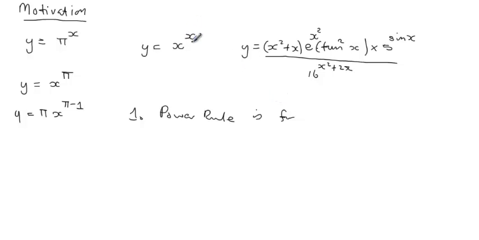Are you comfortable with calling this an exponent or a power? Like here, pi to the x, what are you calling x there? Are you saying x is a power of pi, or the exponent of pi? It's the power of pi, is it? Okay. So let's say this x is a power of pi.